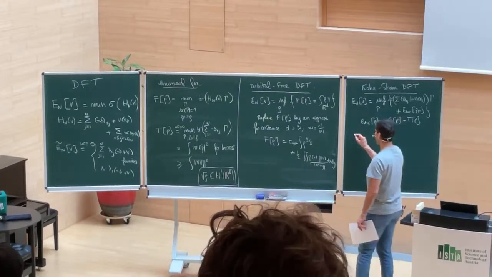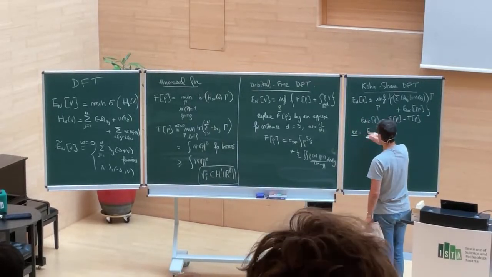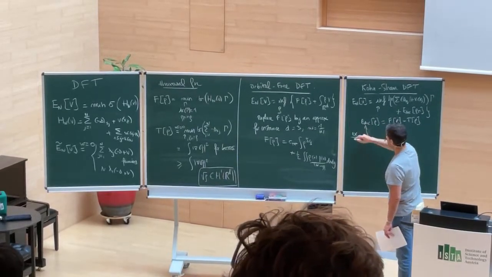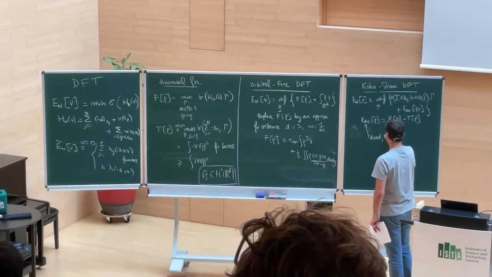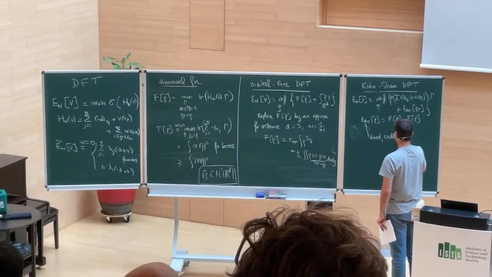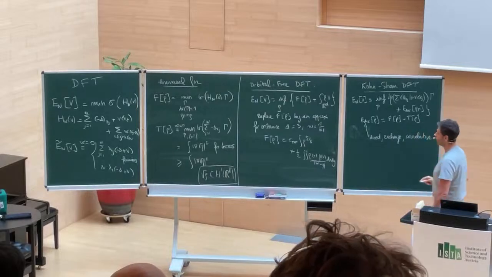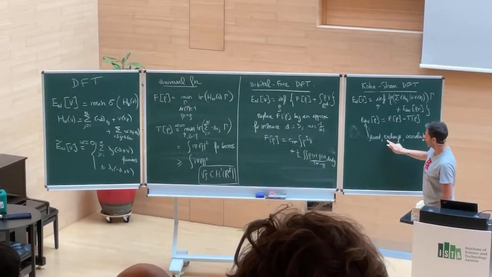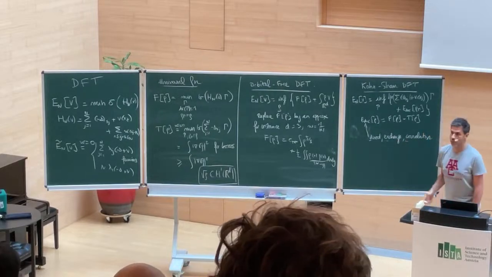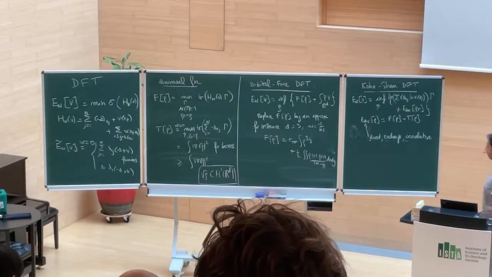And so an example: dxc is for direct, exchange and correlation, because you need to approximate all these terms. So what is the direct term?